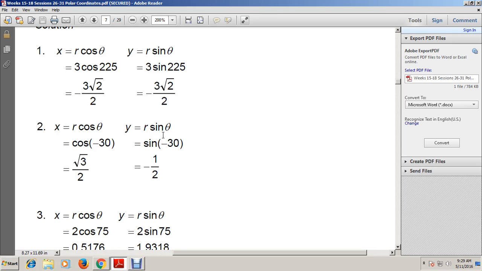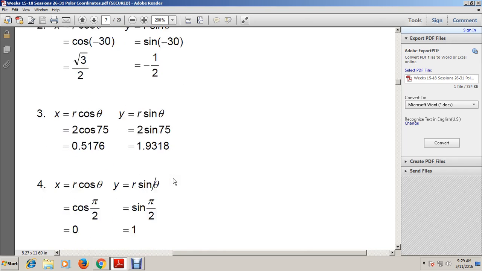While r sine theta, which is y, on the fourth quadrant has a negative sign, so we expect that the result for r sine theta is a negative value. The projection on the y-axis of our right triangle, considering that the angle is negative 30, is the shorter leg. Between square root of 3 over 2 and 1/2, 1/2 is the shorter measure. So this means sine negative 30 is equal to negative 1/2.